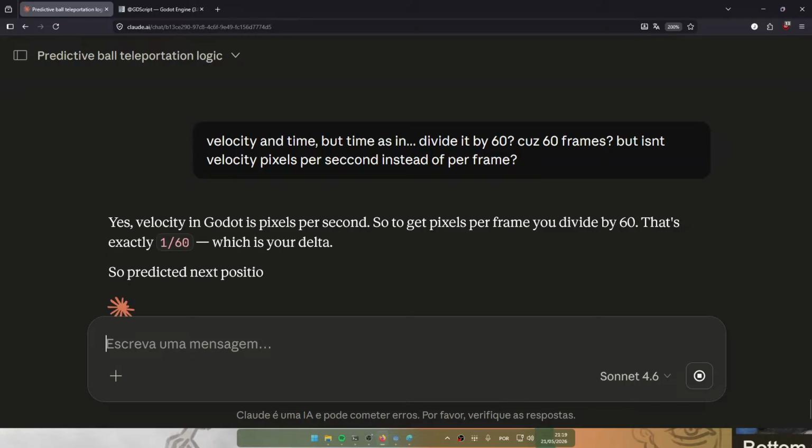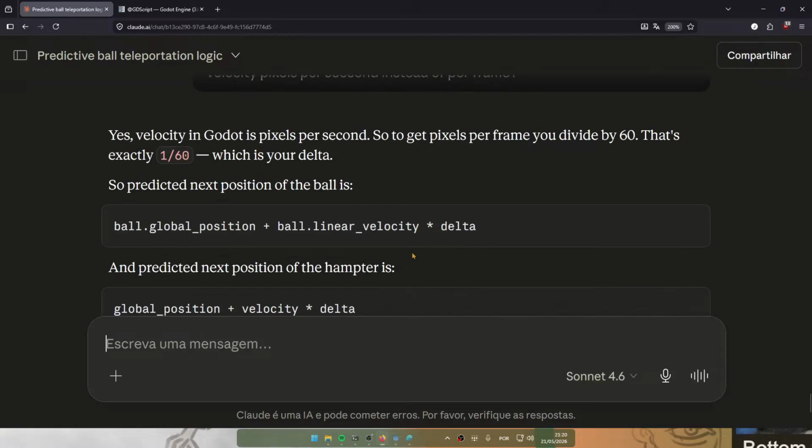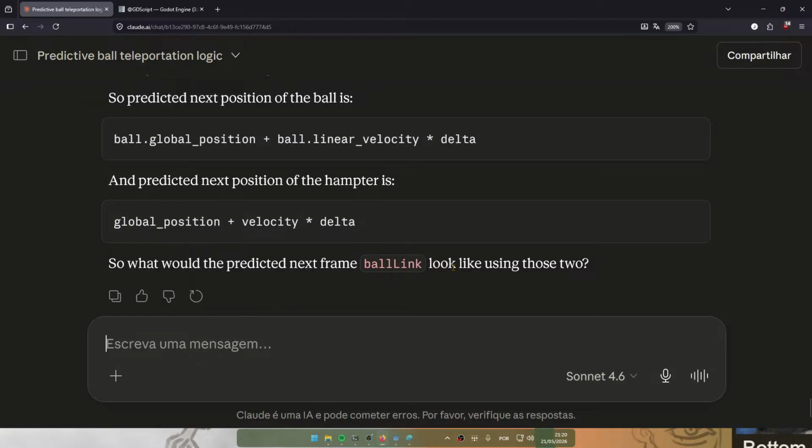Yes, velocity is pixels per second. So to get pixels per frame, divide by 60, exactly 1 divided by 60, which is your delta. So predicted next position of the ball will be ball dot global position plus linear velocity times delta.